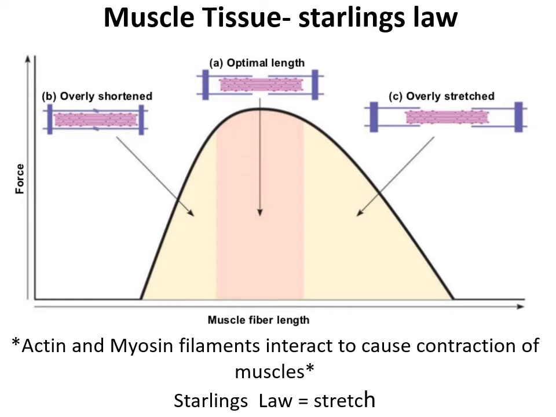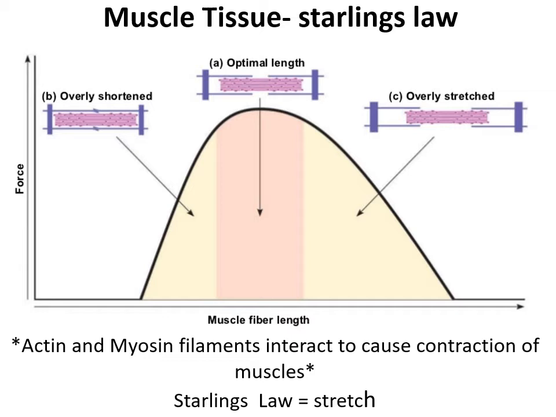So this is just a reminder of Starling's law, where the actin and myosin in the sarcomeres are at an optimal length, meaning the muscle has stretched a bit before the contraction.